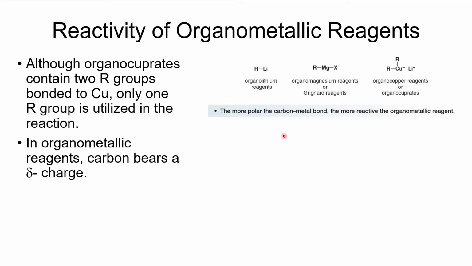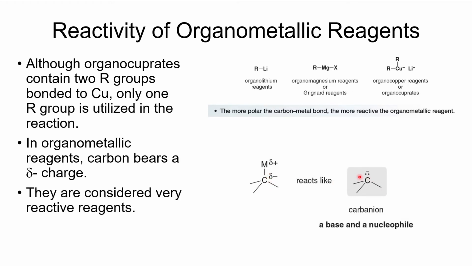So in these organometallic reagents, as I mentioned, they are covalent bonds. And so that means they share the pair of electrons in between the two atoms. However, the carbon has a very significant partial negative charge. And in many ways, the carbon acts like it has a full -1 charge. Even though it's not technically a full -1 charge, it acts kind of like that.